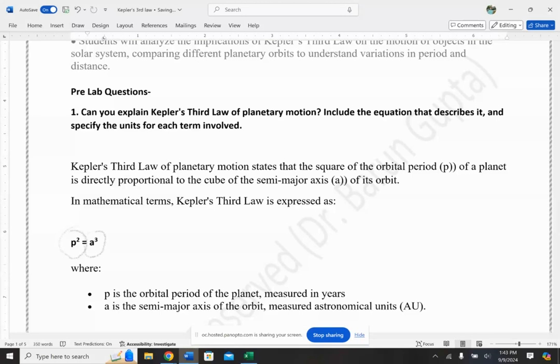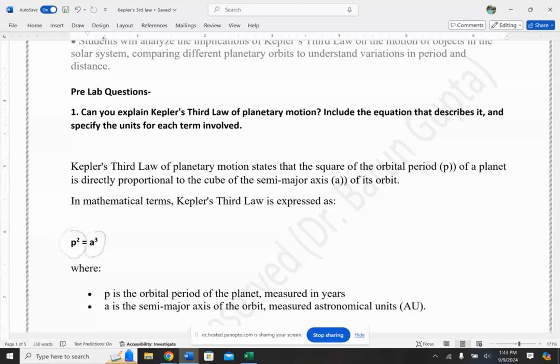It can be true for any planetary motion. For simplicity, I have assumed all the planets are moving around the Sun, so I have taken the Sun as the central system and all other planets are moving around it.